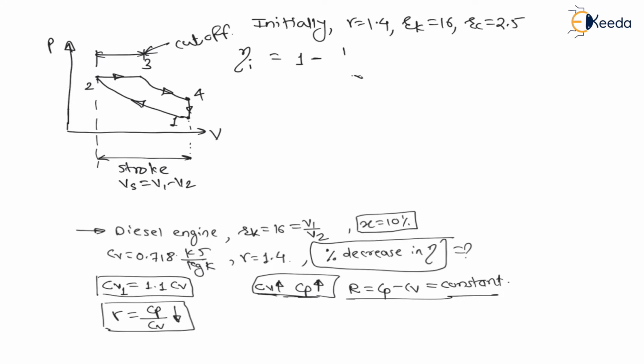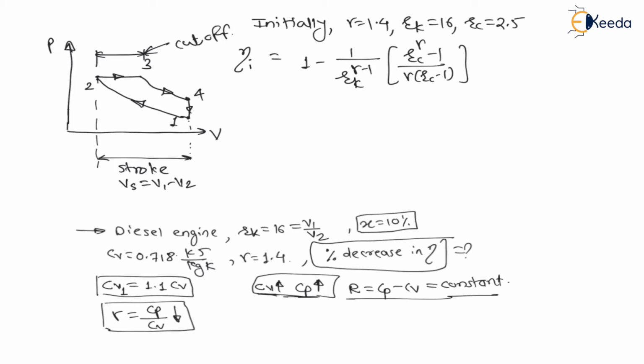Here I will write clearly so that there will be no confusion: 1 minus 1 upon RK raised to gamma minus 1, into RC raised to gamma minus 1 divided by gamma times (RC minus 1).